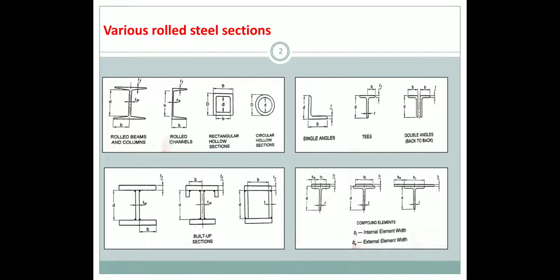Connections can be done by either welding, riveting or bolts. But in the third figure, the top flange is connected with the web by welds. Similarly, these are some built up sections.